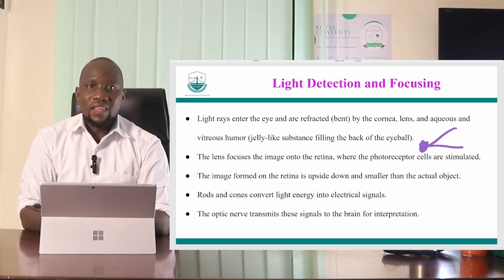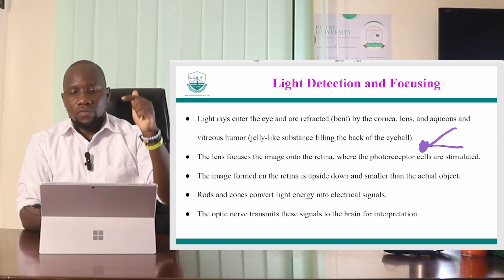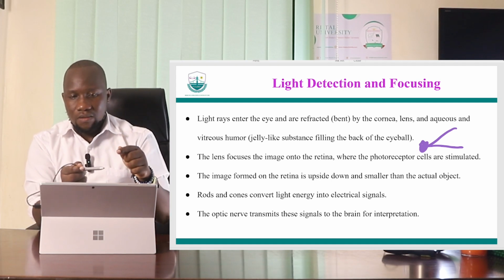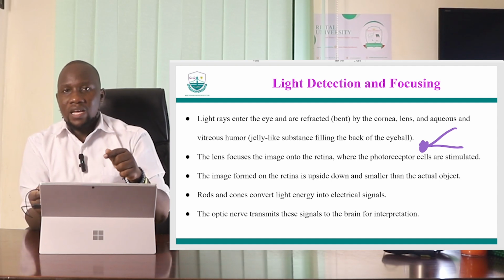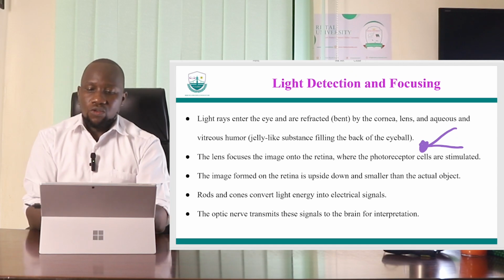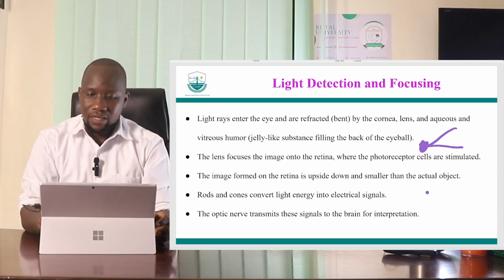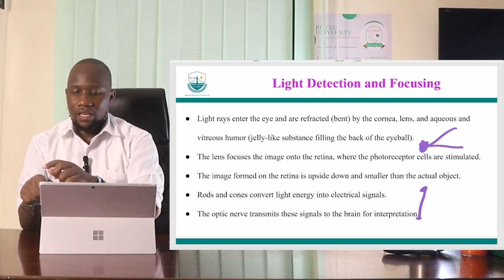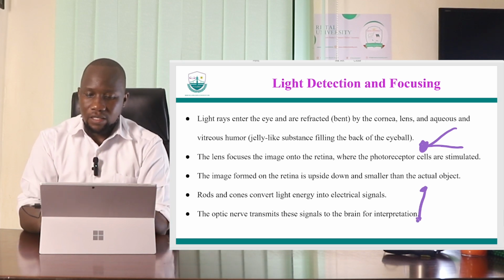Okay, so the image that will be formed on the retina will be upside down. Upside down, because the rays from the top go down, and then the rays from the bottom go up. So if you're looking at a pen, this is the pen that you use for writing, and this is the other end.